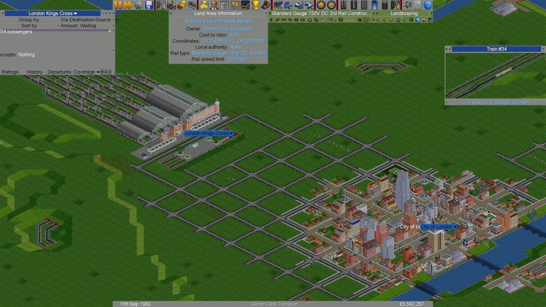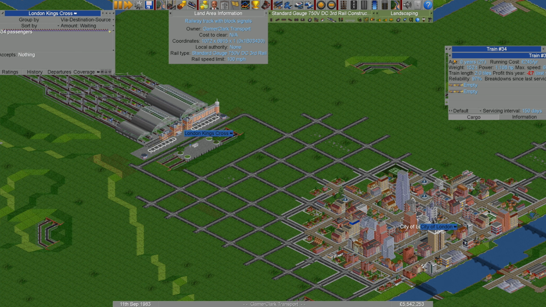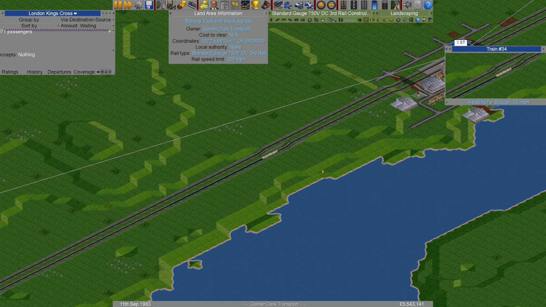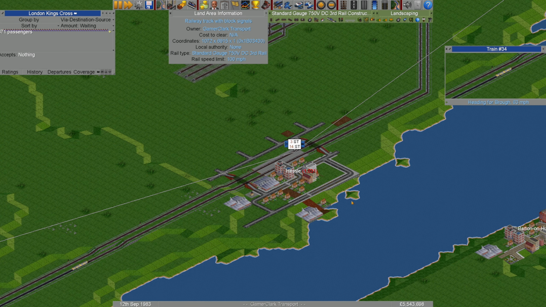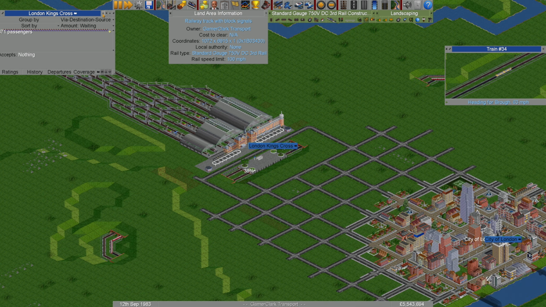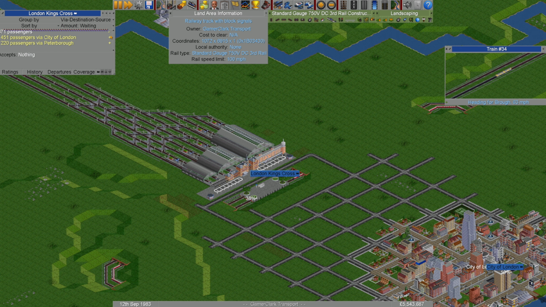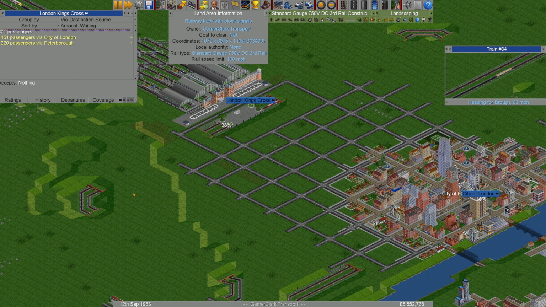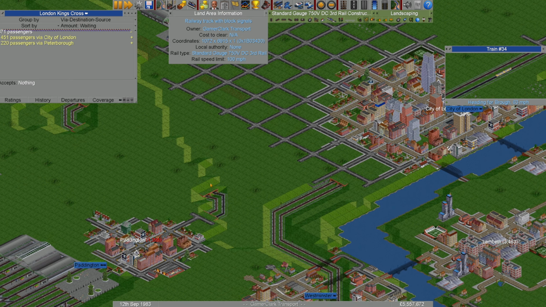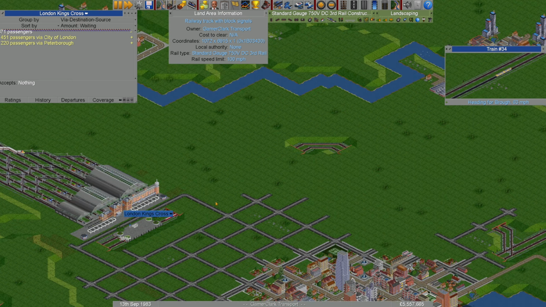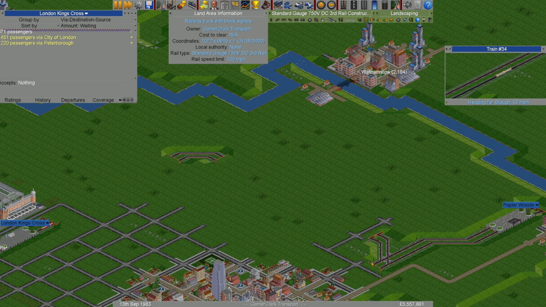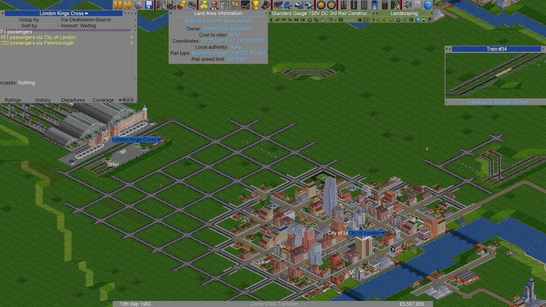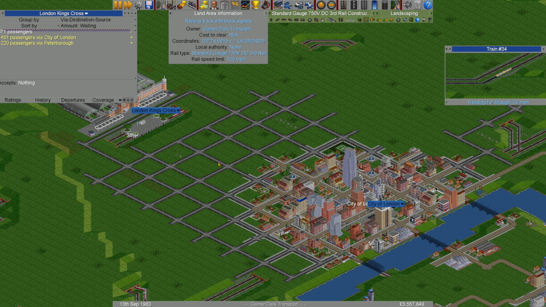Hopefully they'll automate themselves nicely. So we've got this one going. Let's double check what's going on at King's Cross whilst that's running. So we've got 451 passengers who want to go via the City of London, so they want to go that way around, kind of clockwise.